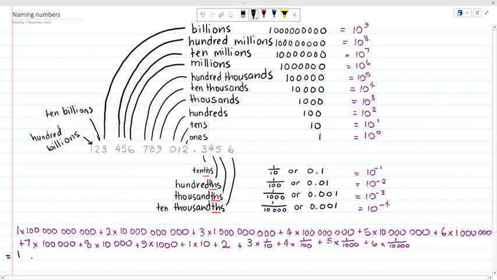I could say it's 1 times 10 to the 11 plus 2 times 10 to the 10, and that's because 100 billion is 1 followed by 11 zeros, and 10 billion is 2 followed by 10 zeros, plus 3 times 10 to the 9, plus 4 times 10 to the 8, plus 5 times 10 to the 7, plus 6 times 10 to the 6, plus 7 times 10 to the 5, plus 8 times 10 to the 4, plus 9 times 10 to the 3.